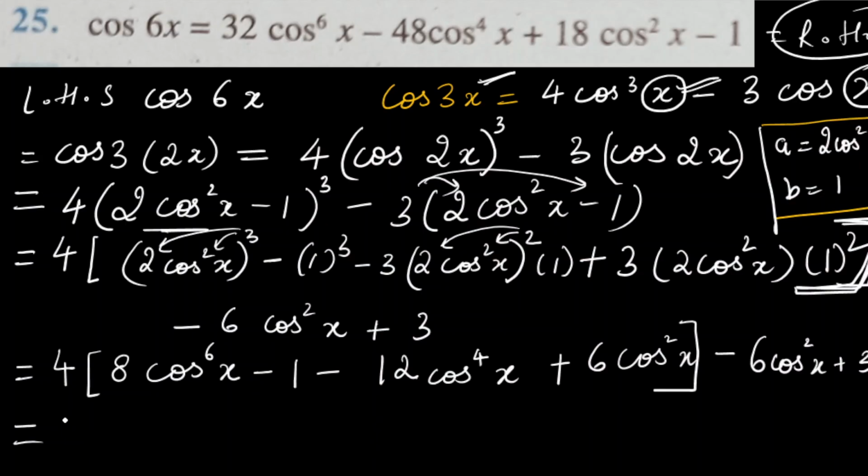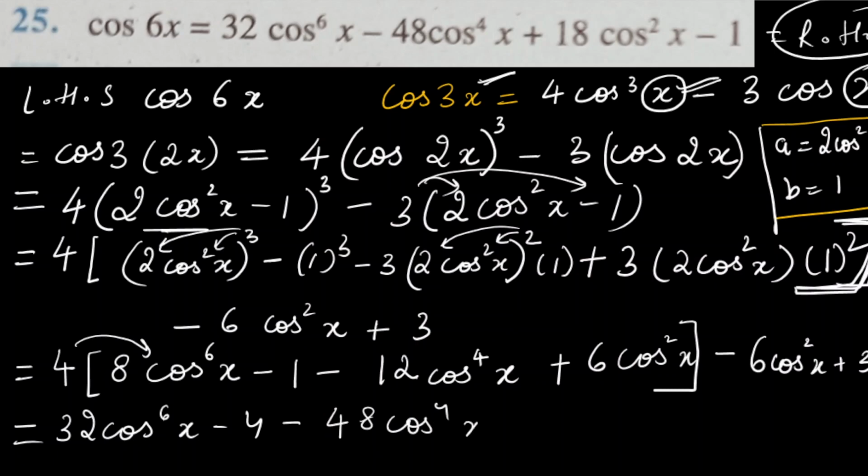So 4 into 8 is 32. 32 cos 6x minus 4 minus 12 into, so everything I'm just multiplying with 4, because it's a bracket. 12 into 4 is 48 cos to the power 4x plus 24 cos square x minus 6 cos square x plus 3. So let's simplify it further.